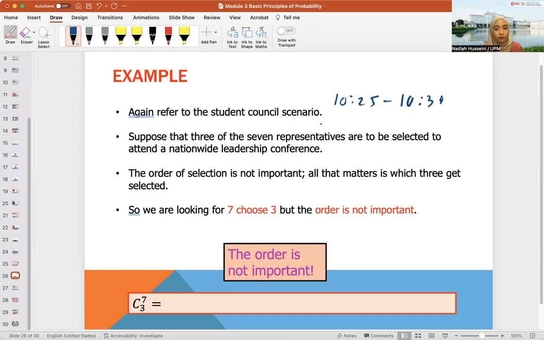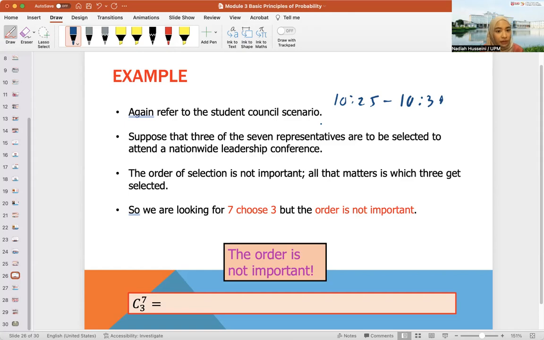We have 2 examples relating to the student council scenario. Suppose that we have 3 of the 7 representatives to be selected to attend a nationwide leadership conference. So now when I select these three, I don't really care about assigning them as presenter, writer, or poster presenter.